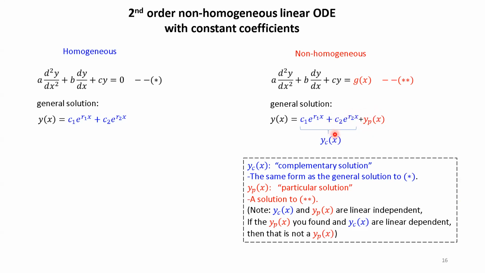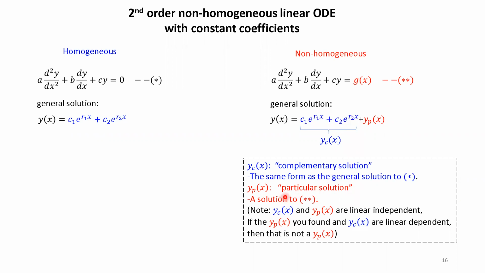When I separate YC and YP, I require that YP and YC are linearly independent. That means if this is my YC, something like e to the R2x, and the YP that you found is also e to the R2x, then that is not considered to be a particular solution, because it would be linearly dependent with YC itself.